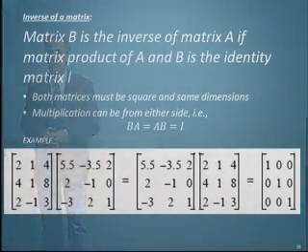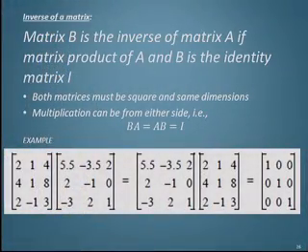When you start solving problems with matrices, sometimes you get into matrix inverse. The definition of matrix inverse, in fact, is that when you take a matrix times its inverse, you get the identity matrix. Also, if you flip them and do the inverse times the matrix, you get the identity matrix. Whichever side you put the inverse on, if you get the identity matrix, then you found the inverse.